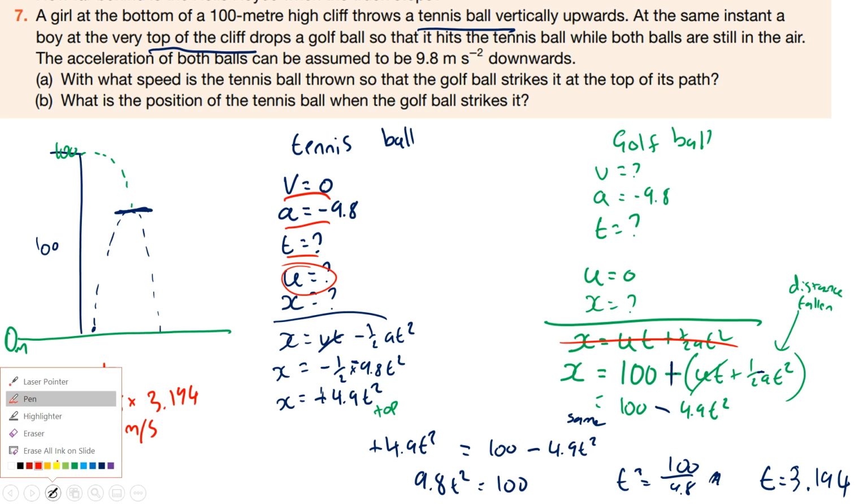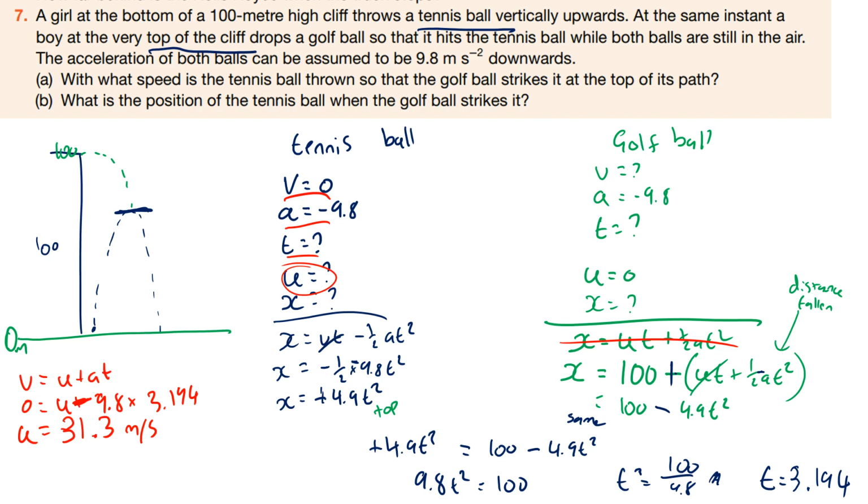As for the other question, what is the position of the tennis ball? Well, you've just got to calculate x. So you just got to substitute it into one of these things. So let's just substitute it into here.